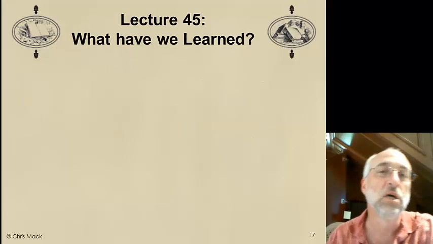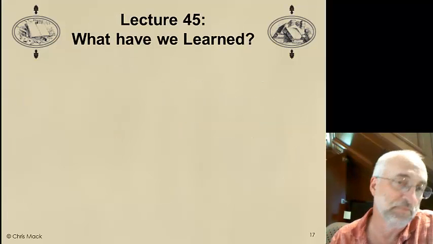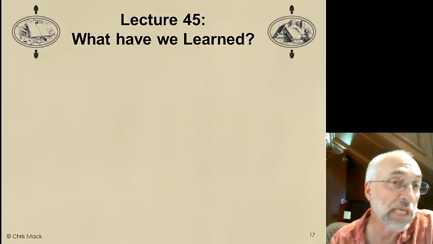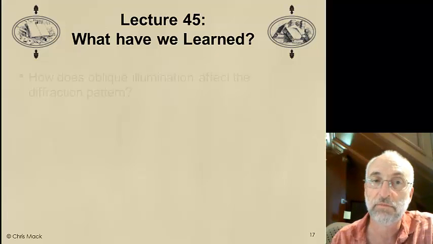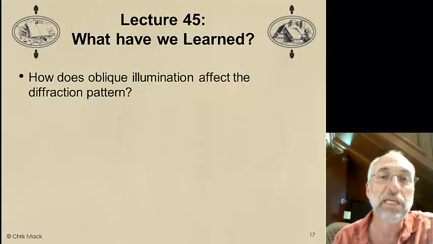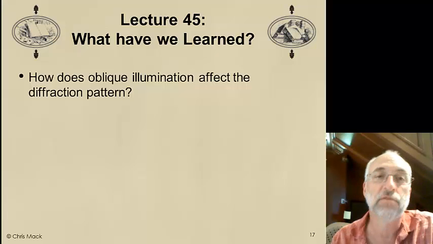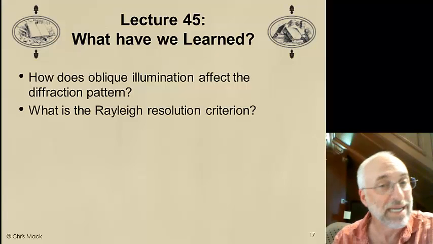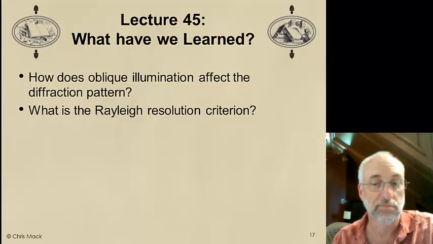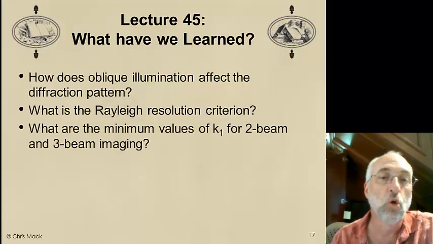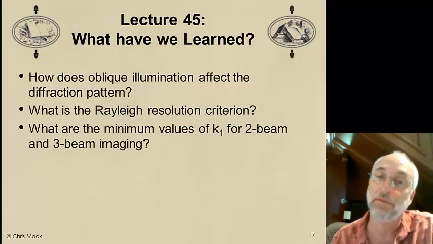So, what have we learned in lecture 45? You should be able to quickly and easily answer these questions. If not, you need to go back and review the material. How does oblique illumination affect the diffraction pattern? What is the Rayleigh resolution criterion? What are the minimum values of K1? Well, there's a hint.